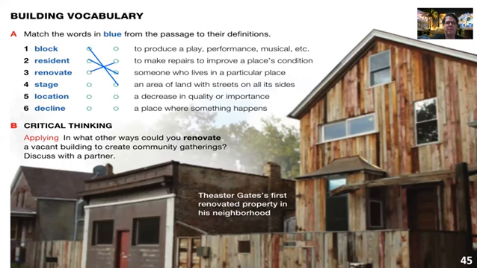To make repairs to improve a place's condition. Stage. Okay, in this case, it's the verb stage. So to stage something is to produce a play, a performance, a musical, or something on a stage. So you have the noun stage and the verb stage.